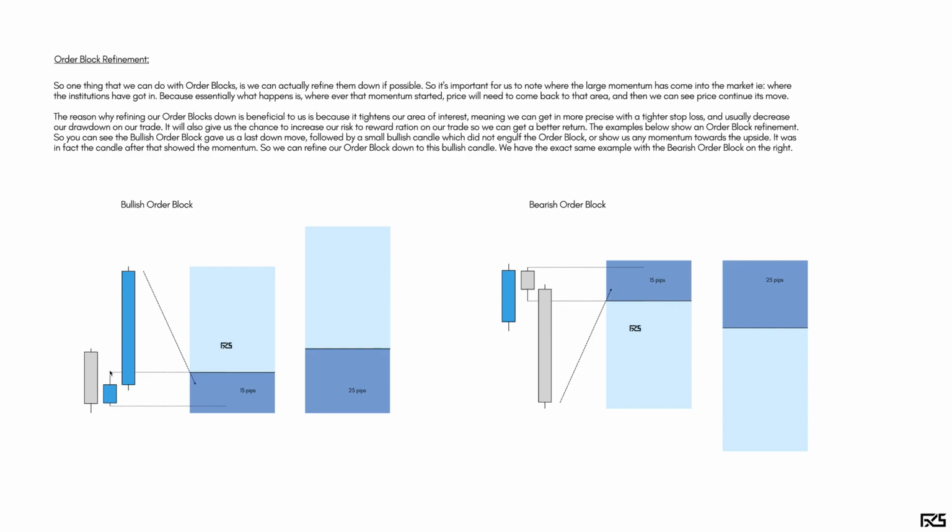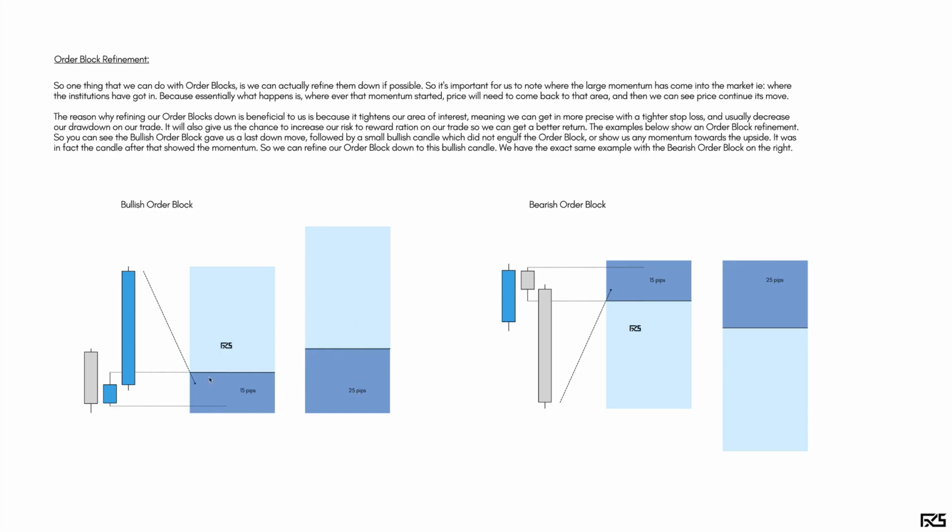So what we can do is take our order block, which is here. This is the last down move, but we can actually take this as our order block because it's the candle before that momentum came in. The range on this candle is 15 pips, whereas if we had kept to the original order block, this is what we're looking at, 25 pips.